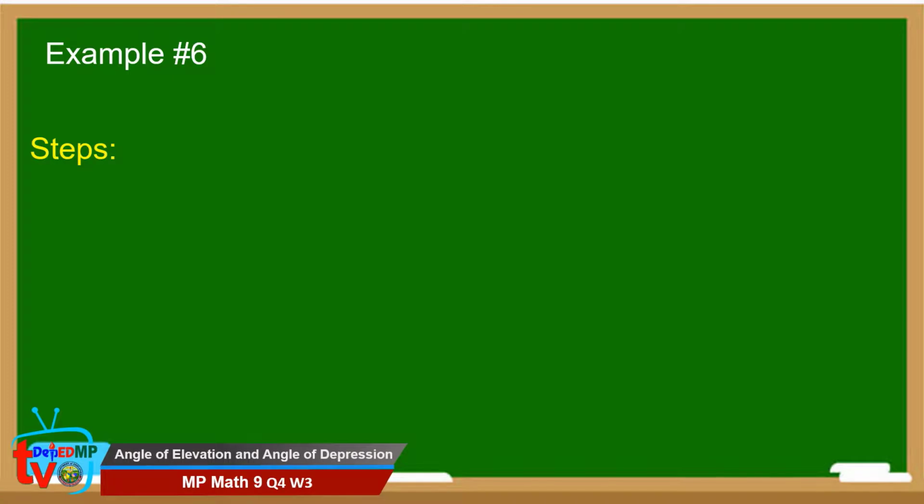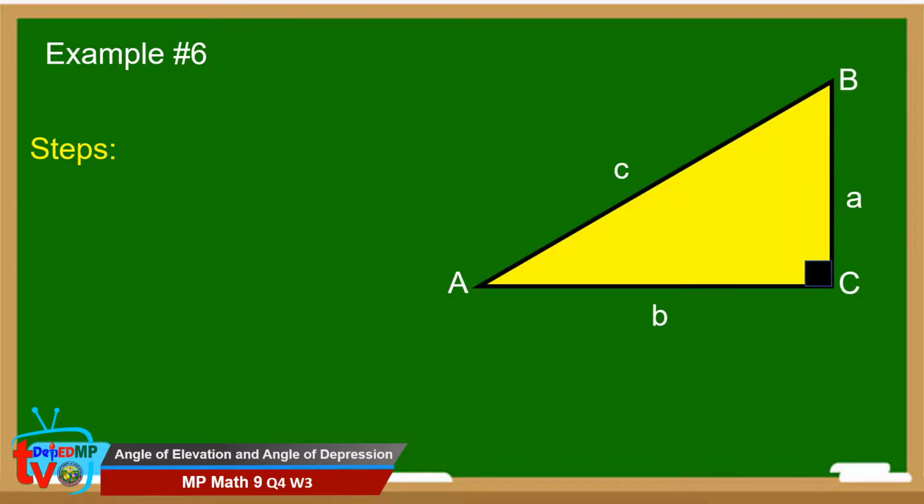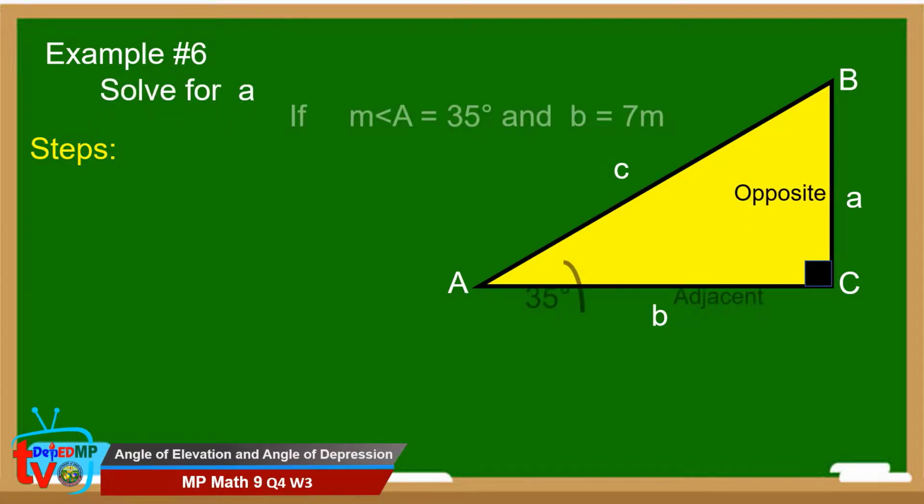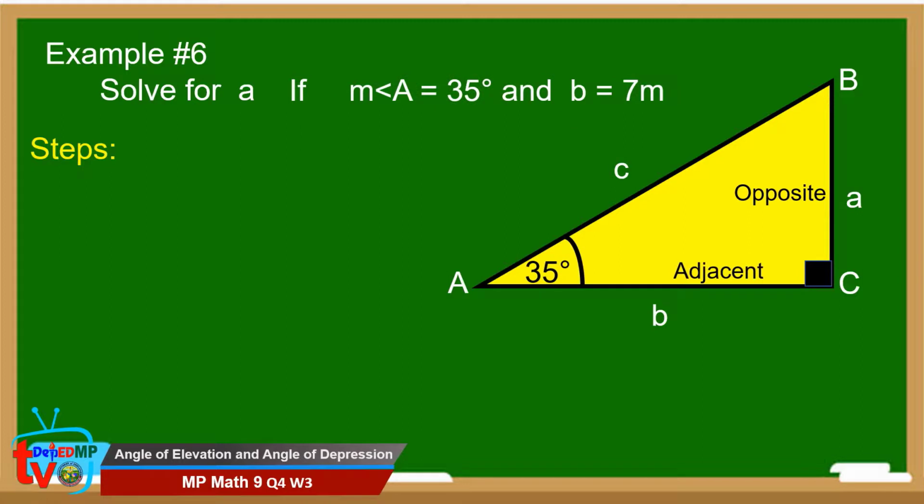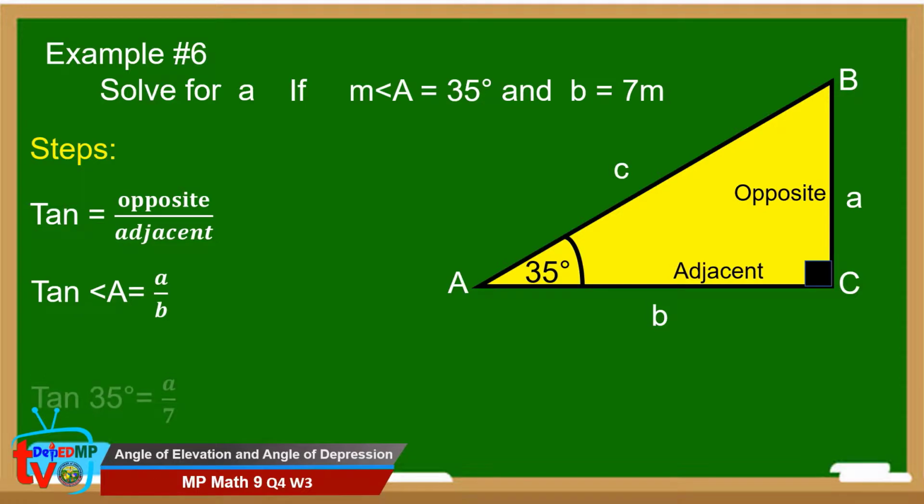Another example. Using the given figure, we solve for the opposite side of the angle A if measure angle A is 35 degrees and the adjacent side is 7 meters. Now, which one should we use? Very good. We will use tangent. Now, substitute the variables. Substitute the given measures.